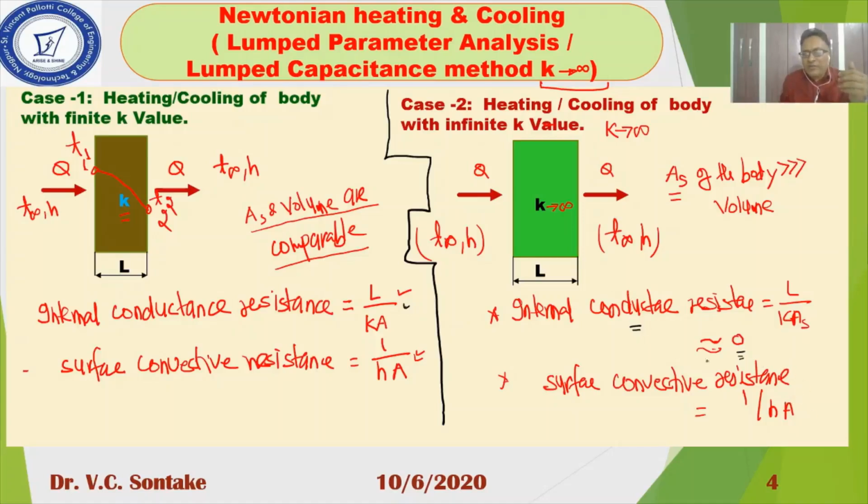So, if it is zero, there will be no temperature gradient across the surface of this body. The temperature difference between these two surfaces of the body will be equal to zero.